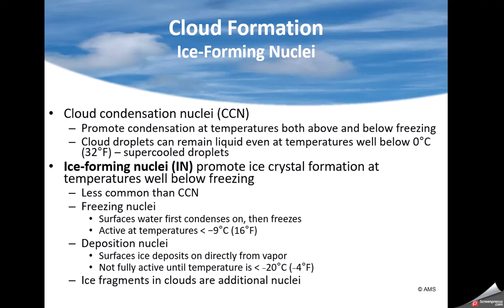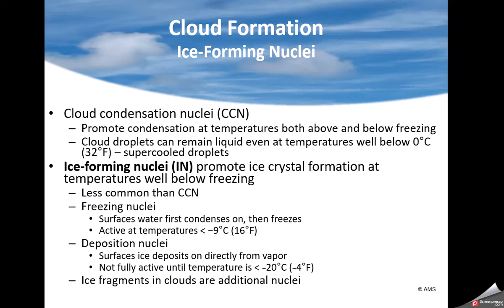Again, we need nuclei, in this case ice forming nuclei, and they're not that different from the types of nuclei you find otherwise. But most water droplets don't freeze till they get to around minus 10 degrees Celsius or minus 5, somewhere in that range. And they only freeze then because they have this ice forming nuclei in them.